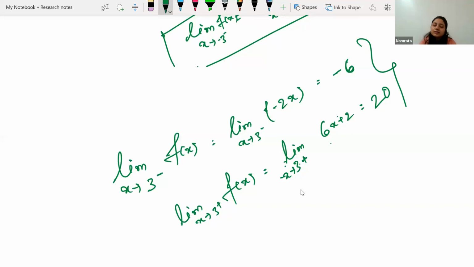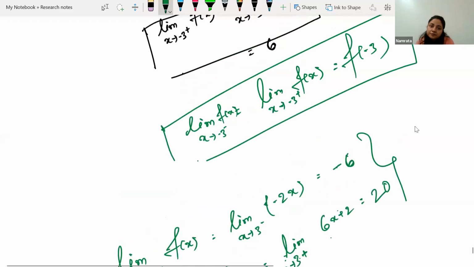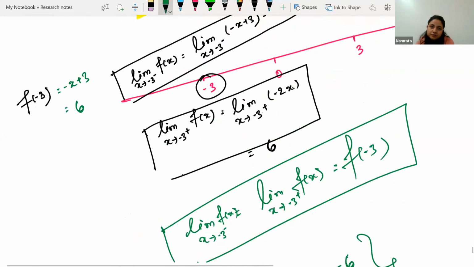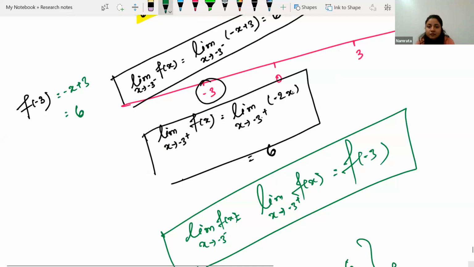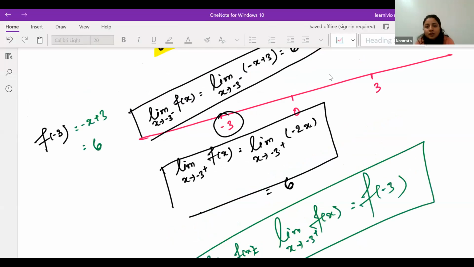Now we can say it is not continuous, because the left hand limit is not equal to the right hand limit. Even if we find the value of the function at 3, there is no need. Here we can say the function is discontinuous at x equals 3. Is it clear to everyone?